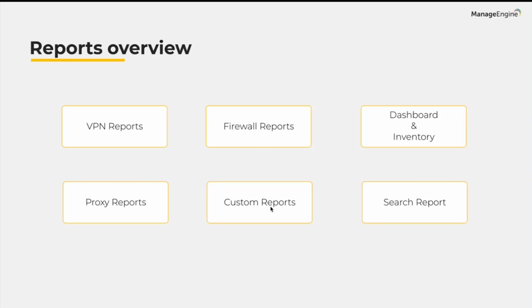The next is the proxy server report, where these reports are generated by analyzing Squid proxy servers. And if you want to customize the log reports, we also have custom reports. And finally, we have the search report where you can perform forensic log analysis. So these are the set of reports that you get using Firewall Analyzer.